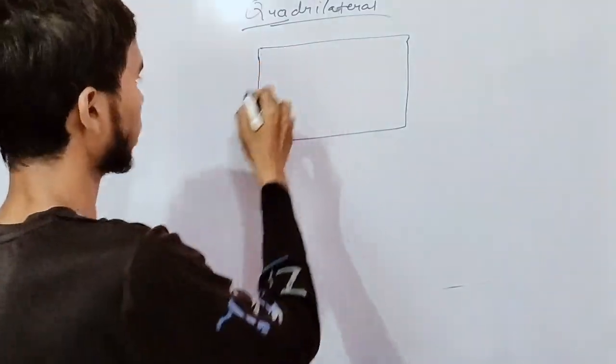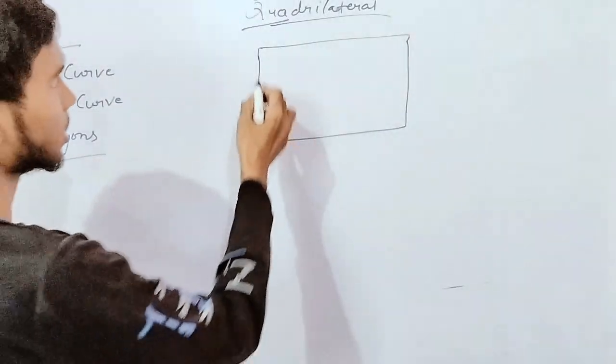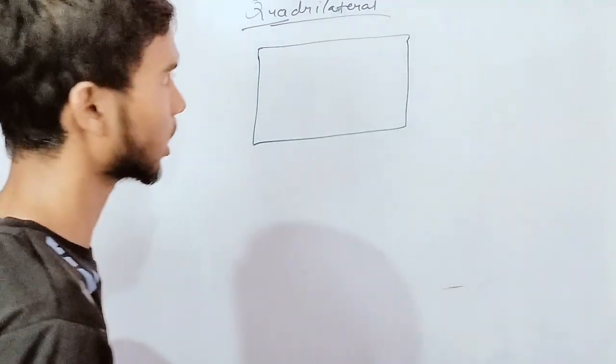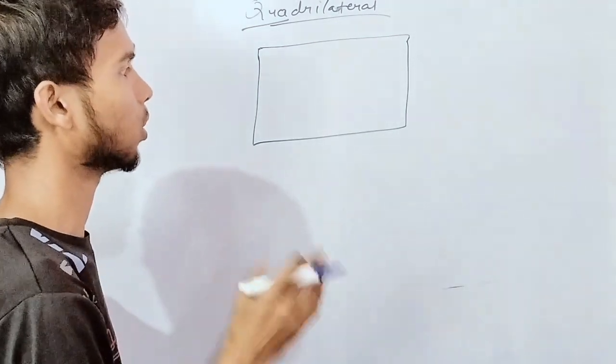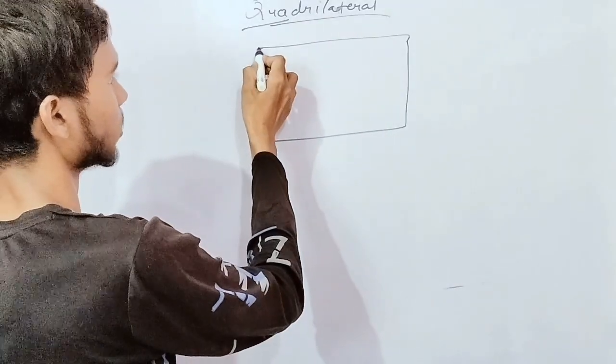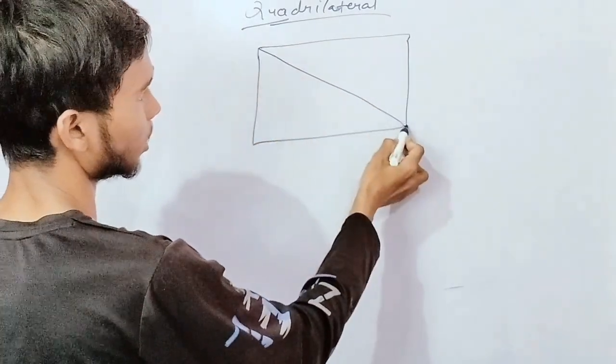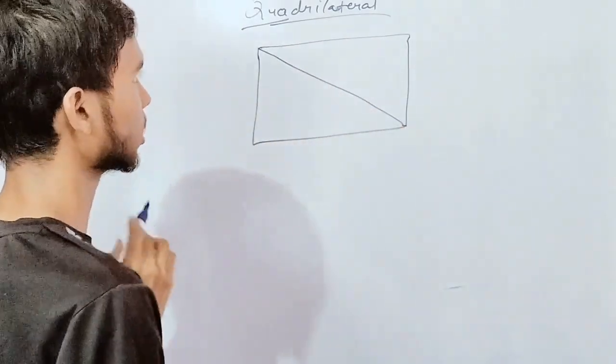Here we are understanding diagonal. A diagonal just starts from one vertex and ends on the opposite vertex. It started from here and it is ending here, just opposite of this vertex.